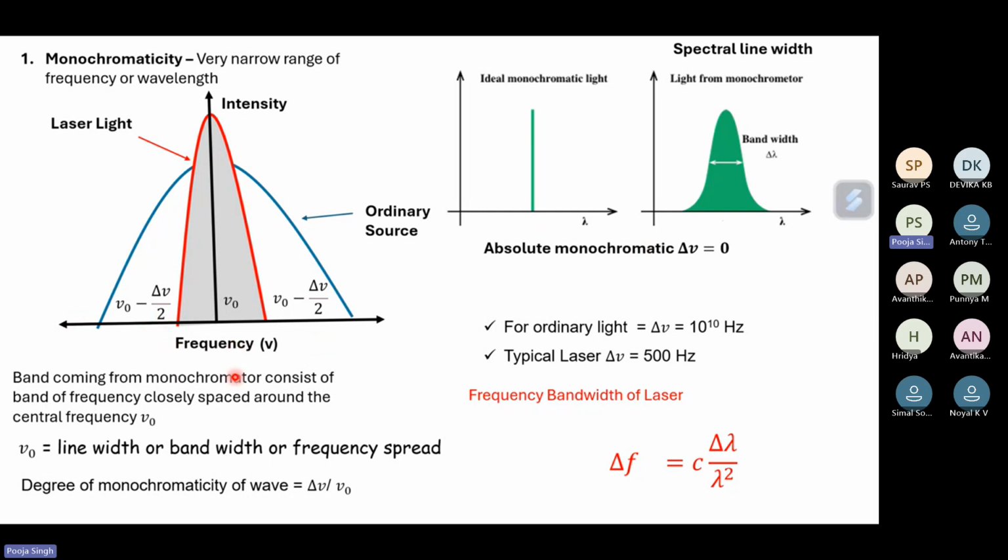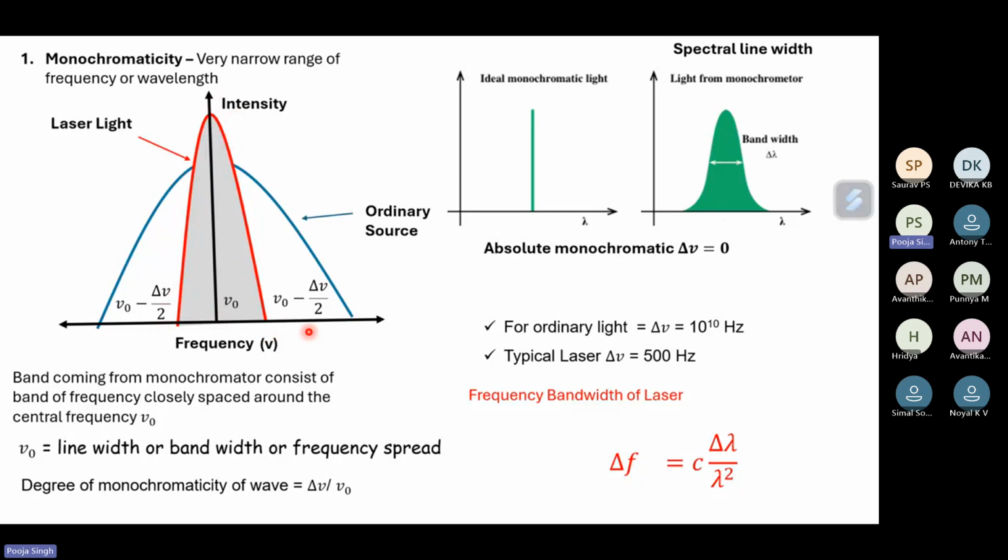So if you are considering the frequency of the light, the frequency with the intensity at a central point is defined as the central frequency and denoted by nu naught. Okay. Now this is the case of the ideal monochromator. Now if you are taking another monochromator which is not ideal, it will have a range of frequencies.